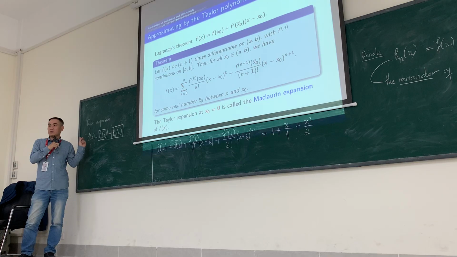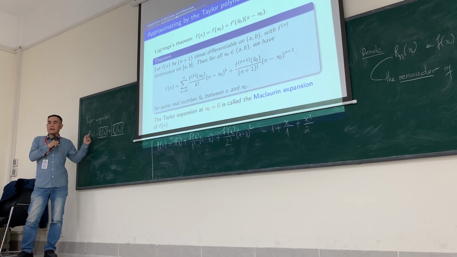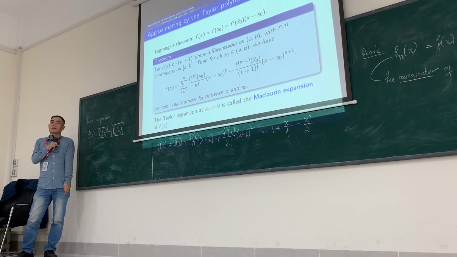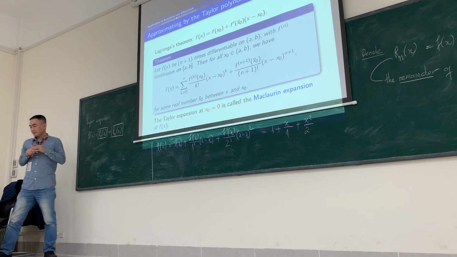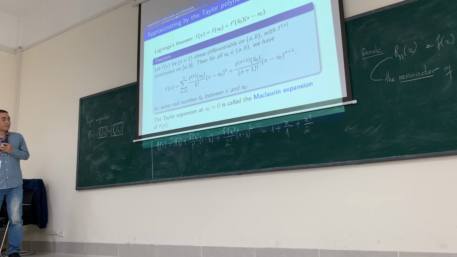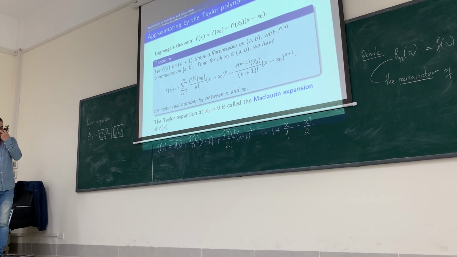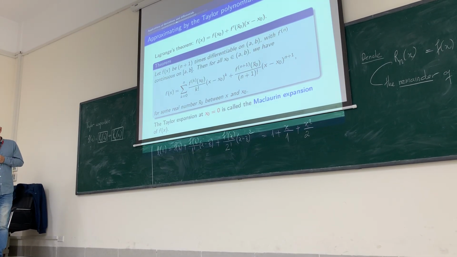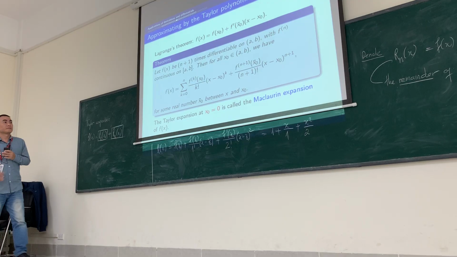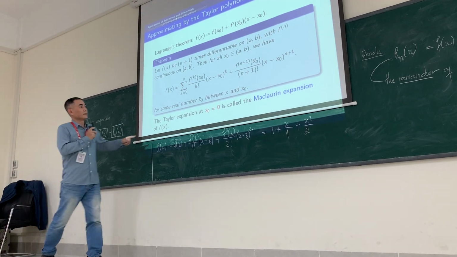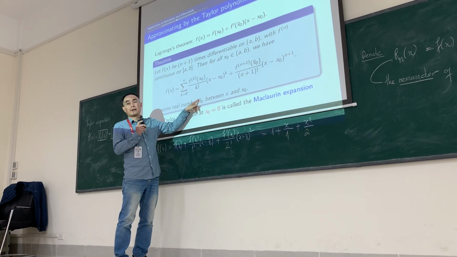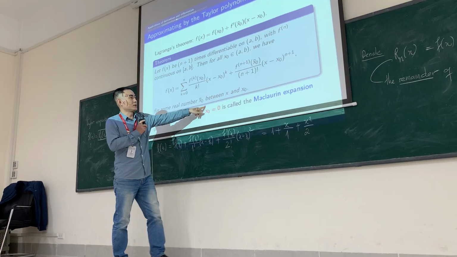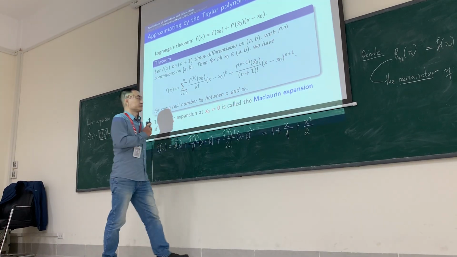Chúng ta biểu diễn hàm số như thế này thì biểu diễn này người ta gọi là khai triển Taylor. Here, x0 is between f and x0?